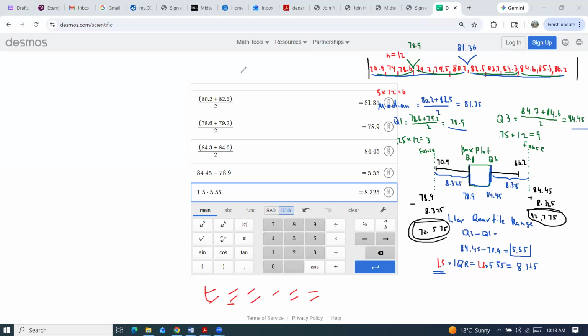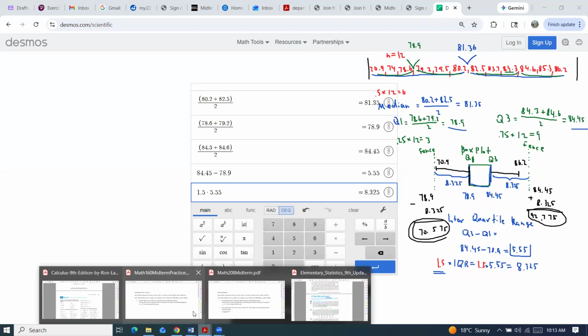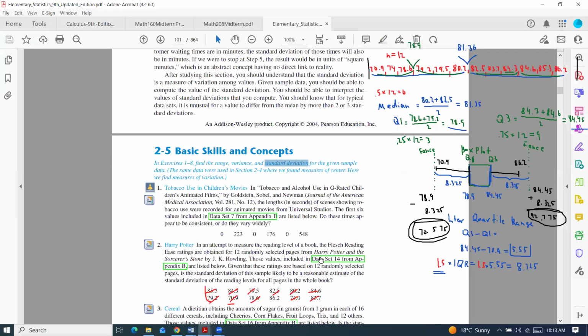And that's very, very powerful. Please notice I didn't even worry about the story here, and that's the Harry Potter story. How about that? So we say the values are pages, 12 randomly selected pages from a Harry Potter book.